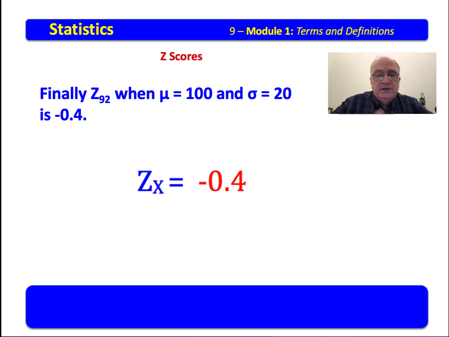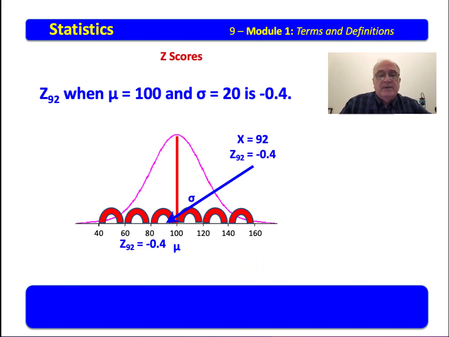Now, I want you to notice that when the datum is below the mean, the z-score is negative. When the datum is above the mean, the z-score is positive. We see that our x of 92 in this specific set has a z-score of negative 0.4.